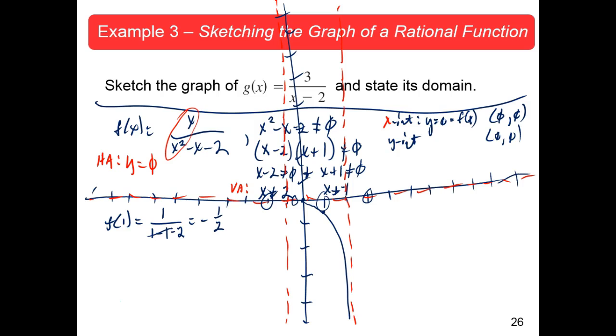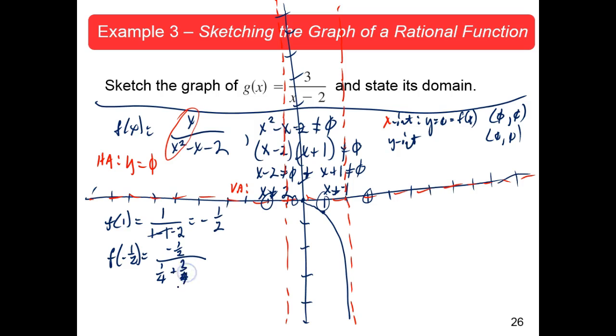Okay, which one do you want to look at next? Negative 1/2. So f of negative 1/2 is equal to what? Negative 1/2 over 1/4 minus a minus 1/2, which is plus 1/2, which actually is 2/4.